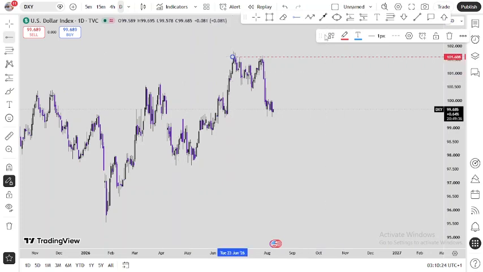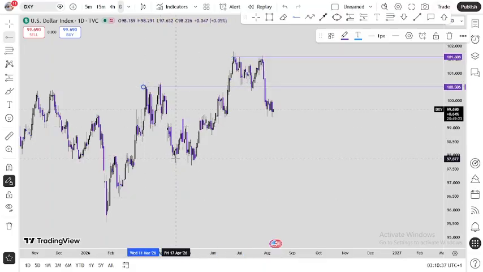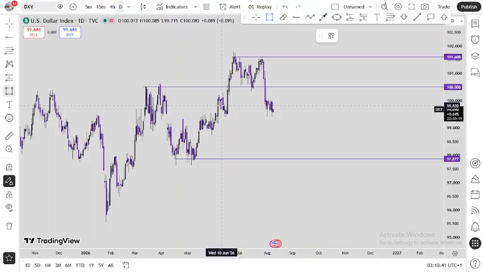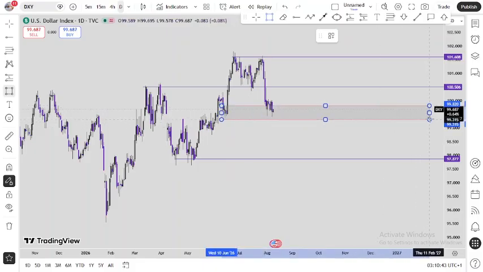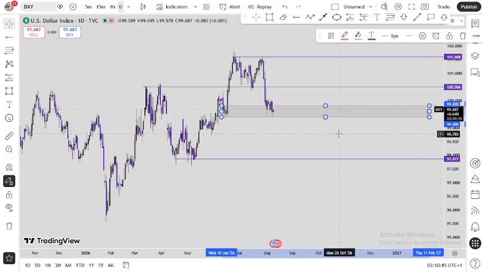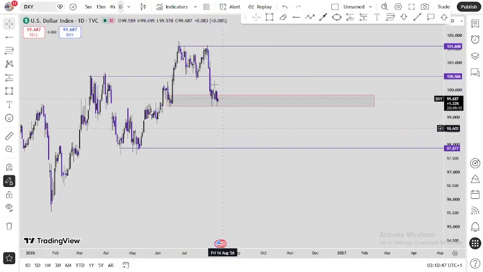We can see that the dollar itself had come to these highs here, and now we're seeing a pullback of that dollar strength, but we can also see that it is coming into this area of supply here. So the dollar is currently in an interesting location right now.